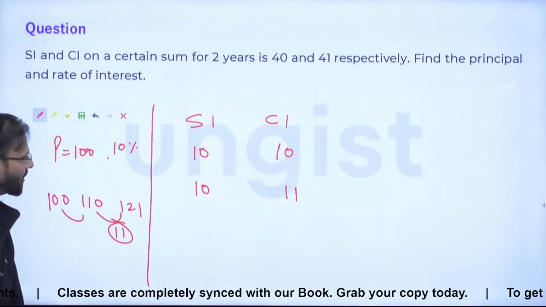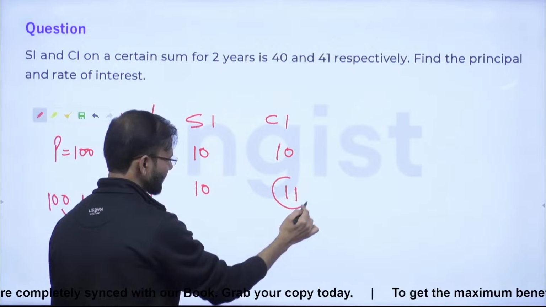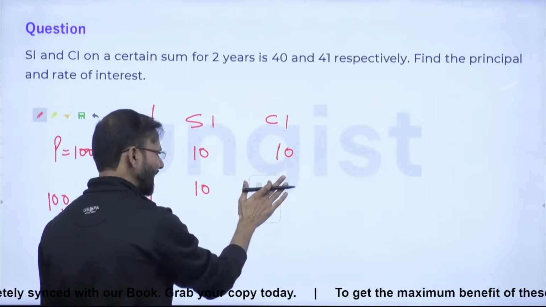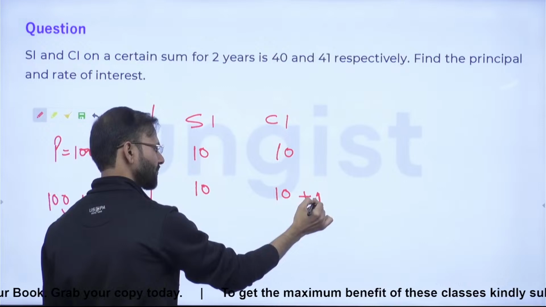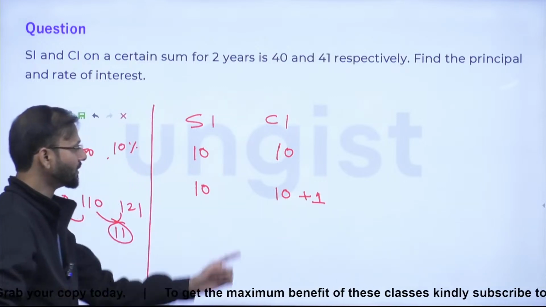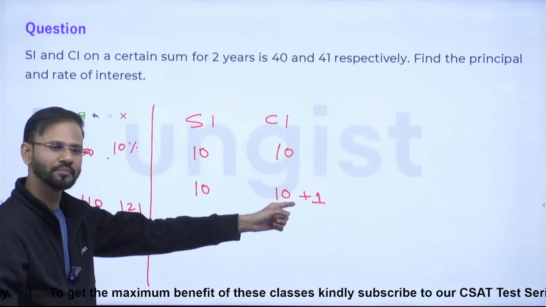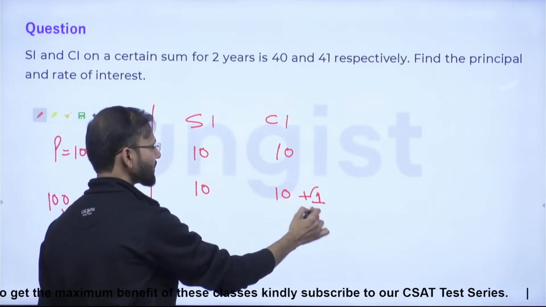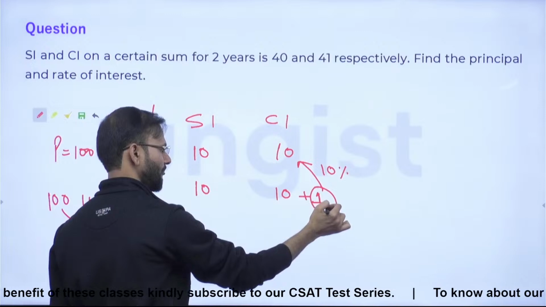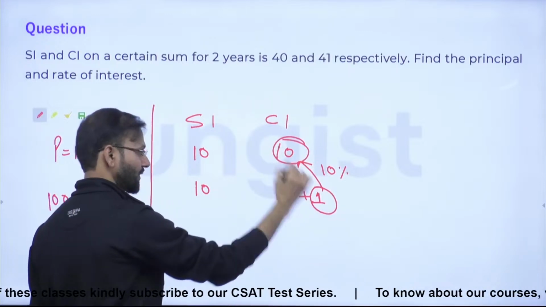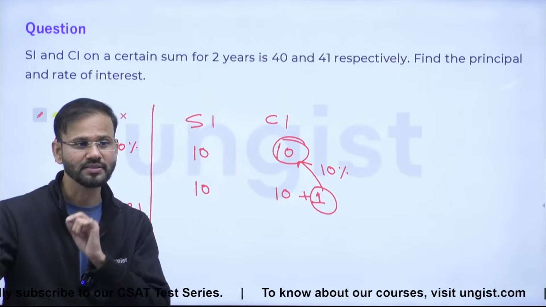Clear? मुझे ये बताइए जरा, ये क्या है? आपको पता है ये क्या है? ये 11 जो है ना, ये actually 10 plus 1 है. ठीक? This is actually 10 plus 1, and from where this 1 has come, this 1 is actually 10% of this. That's why compound interest is known as interest on interest.